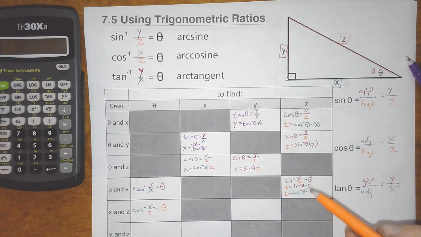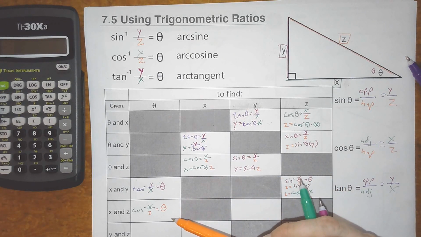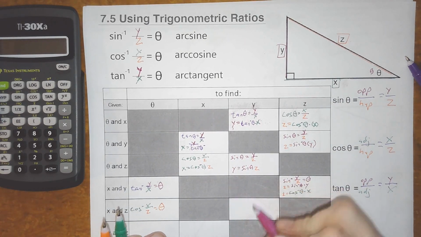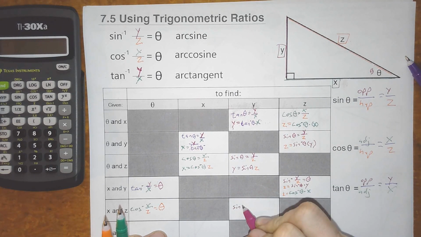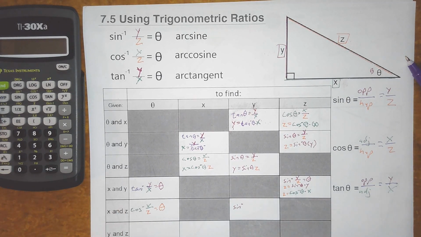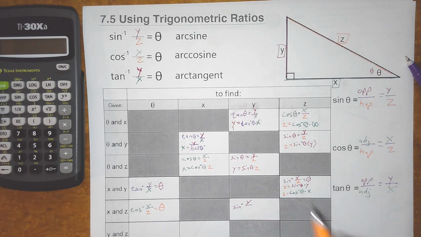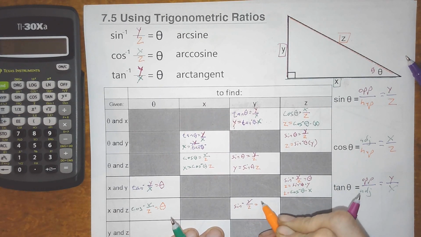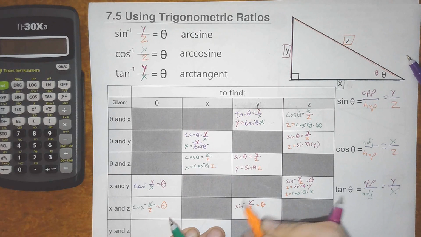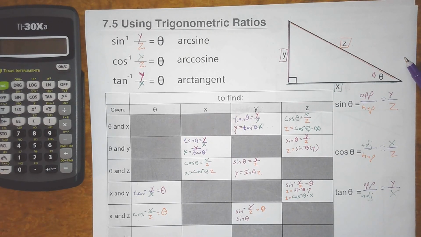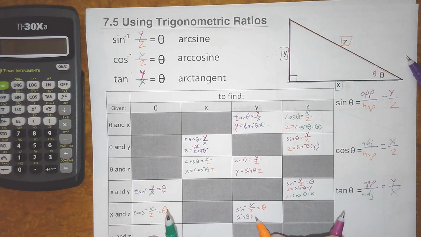And once I figure out what theta is, I can figure out what y is, because sine goes with y, right? The arc sine of y over z equals theta. So sine theta times z equals y.